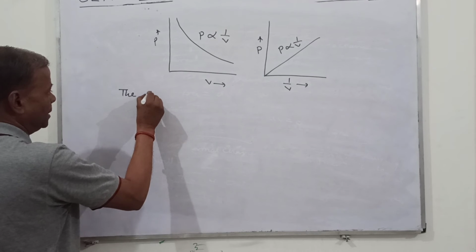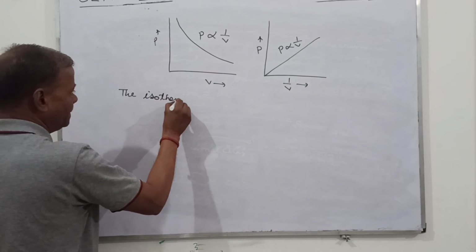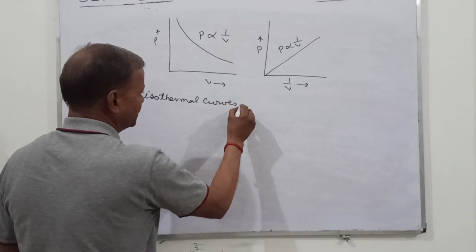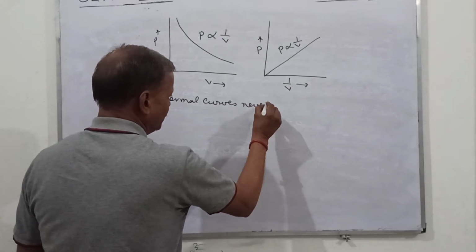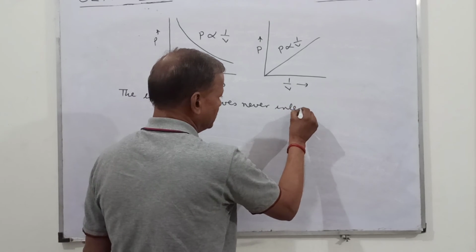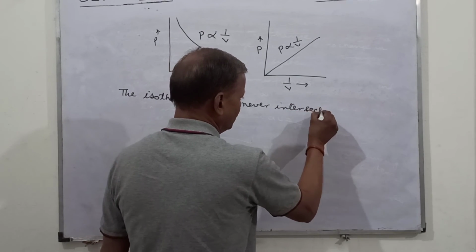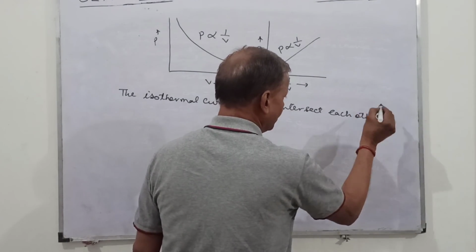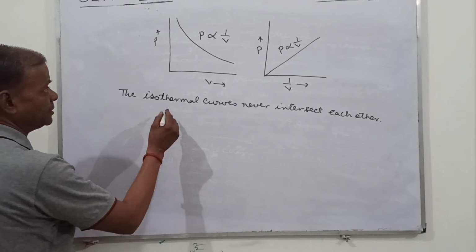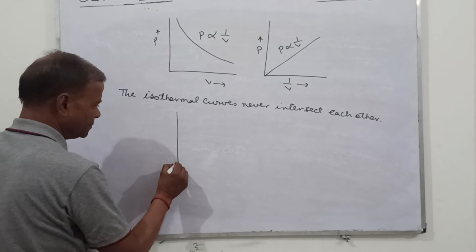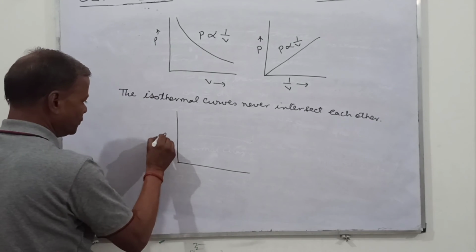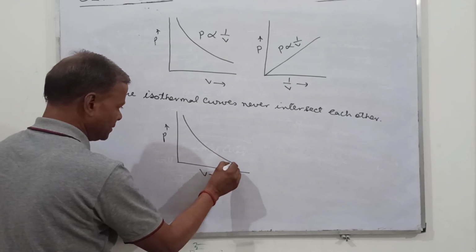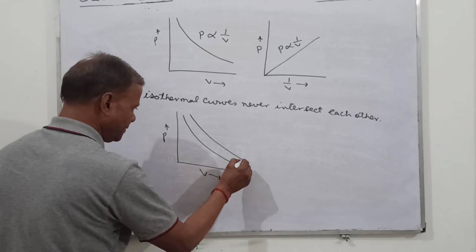The isothermal curves never intersect each other. It means that if we draw the curve like this, this is suppose your pressure, this is your volume, there may be many curves.